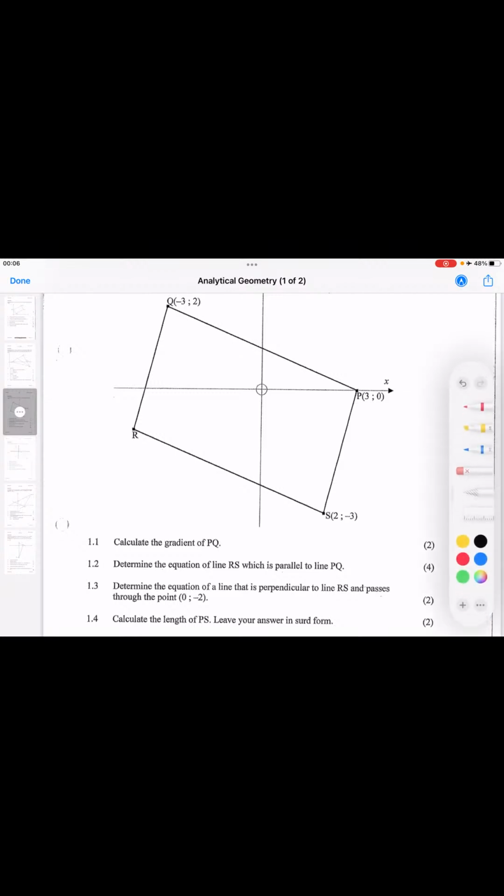The next question, 1.3, says determine the equation of a line that is perpendicular to line RS and passes through the point 0 and -2. This question is allocated 2 marks. Might be a bit tricky, but most importantly, they are saying you need to determine the equation of a line.